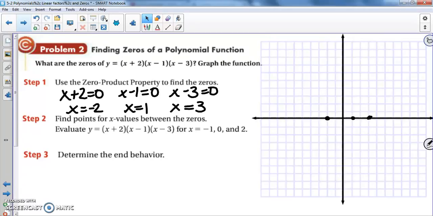I then want to find points with x values between our zeros to evaluate y, so we know where our y values are. In between -2 and 1, I can pick -1.